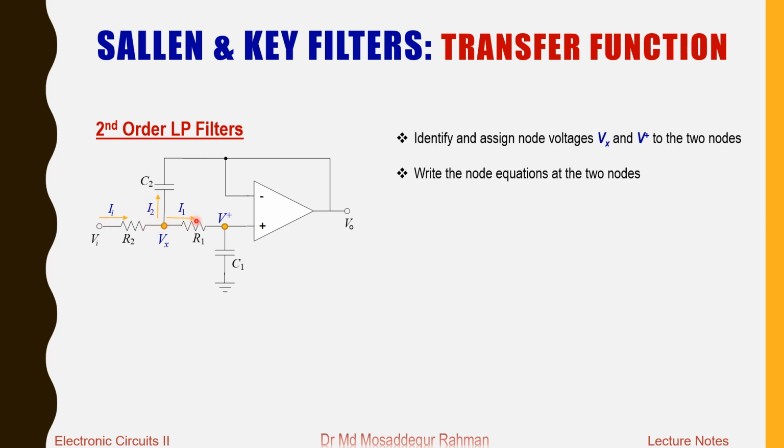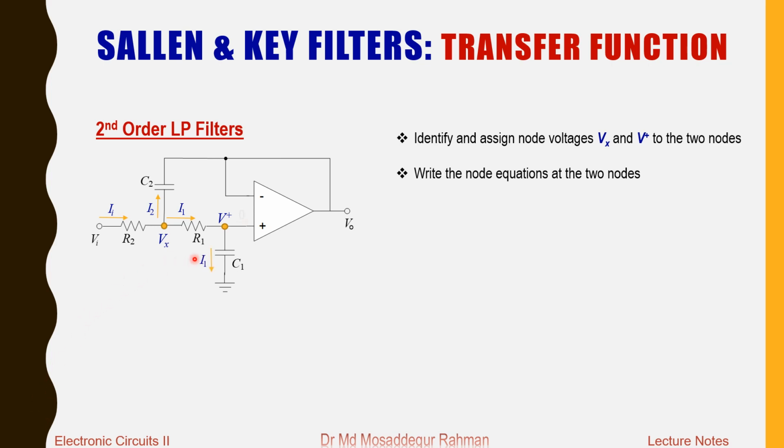Now this one goes this way, and again there are two paths, but as you know, the current into the input of the ideal op-amp is 0, so we expect that all of this current I1 will flow through the capacitor C1.